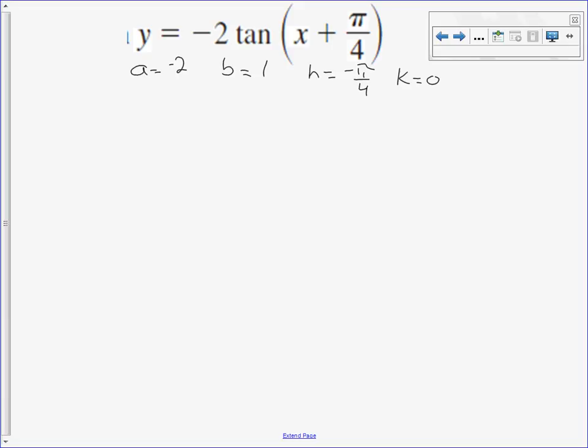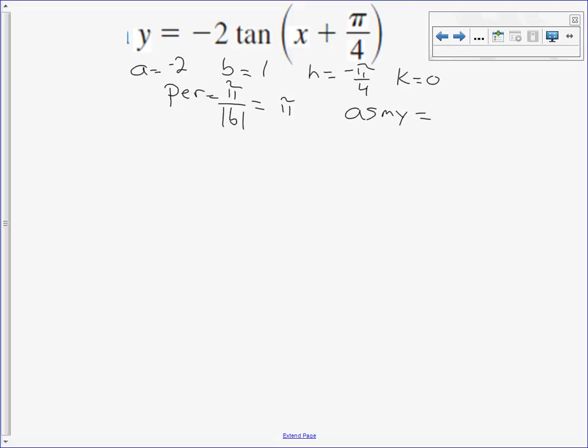All right. So now we know that the A value is -2. Our B value is 1. Now to get the period for a tangent function, remember your period is going to be pi over the absolute value of B. So what's your period for this? Pi. Your original asymptotes, remember, are always going to occur at half of your period.